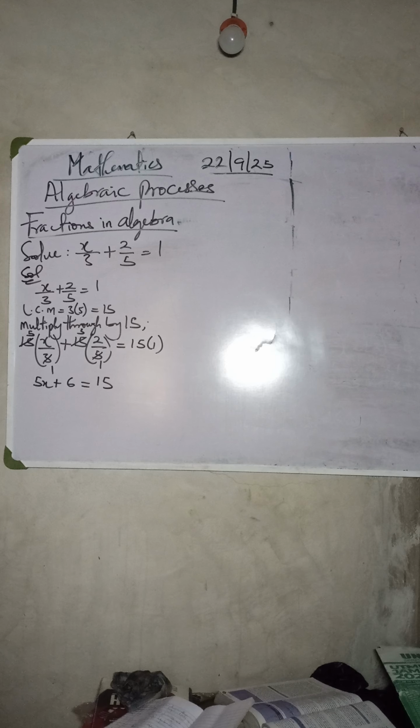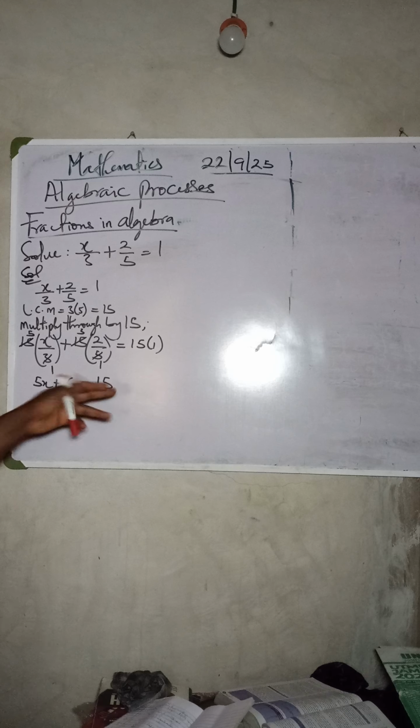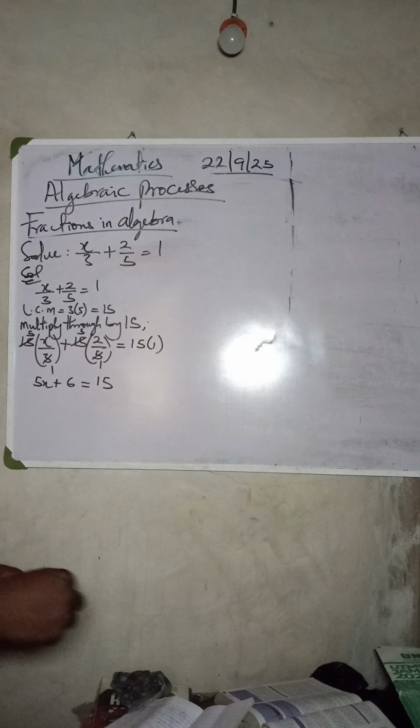Now, we have 5x plus 6 is equals to 15. It means that we should look for that value of x such that when you get the product of 5 and that value of x and add it with 6, it is going to give us 15. That is what you are looking for.